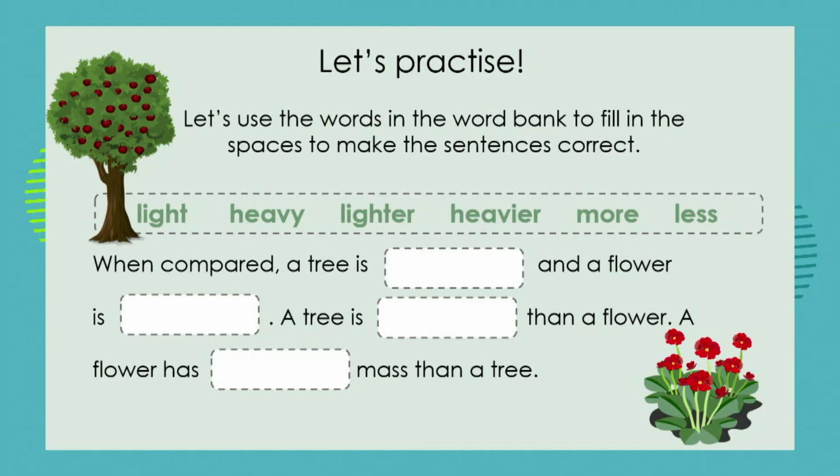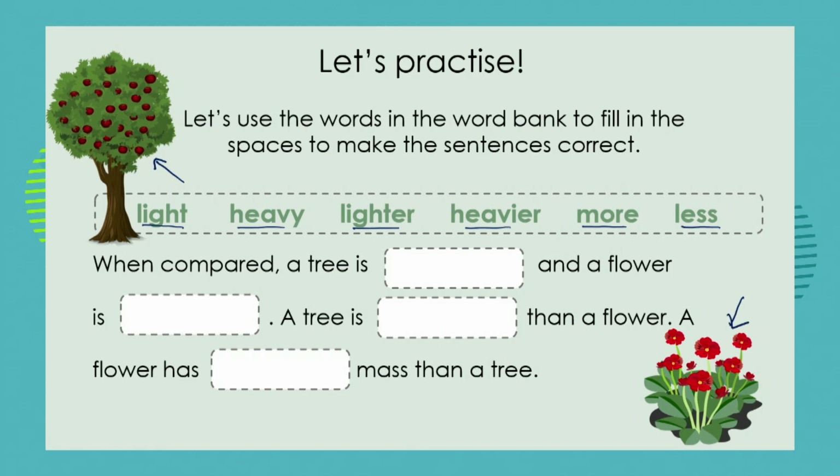Let's look at our next example. Again, in our word bank, we have the words light, heavy, lighter, heavier, more, and less. In this example, we are going to compare the tree over here and the flowers over there.